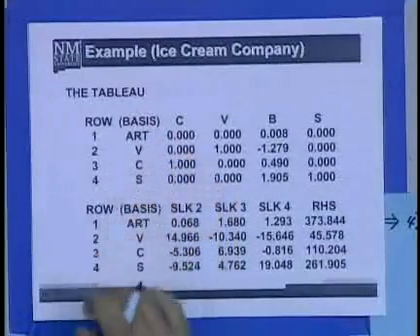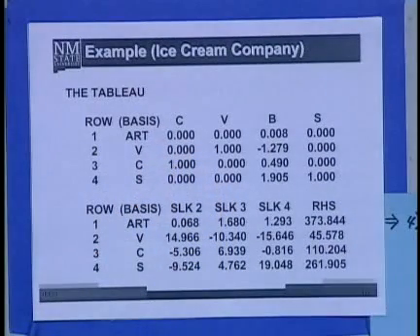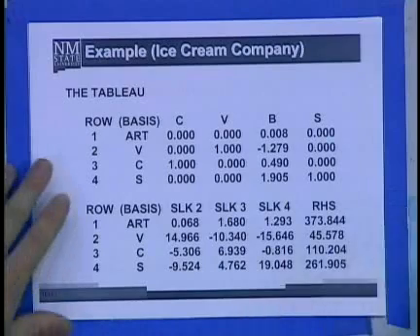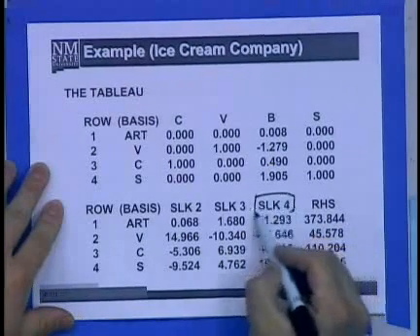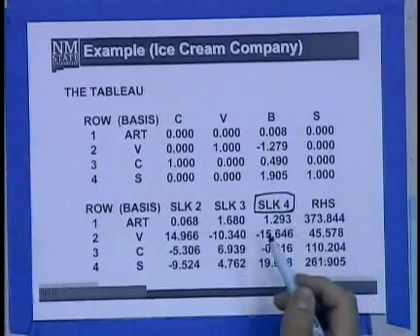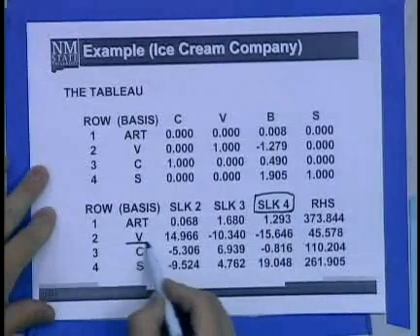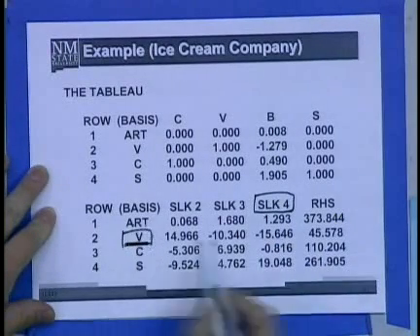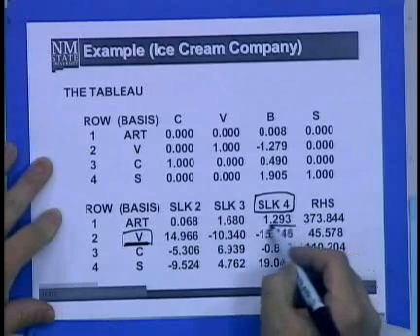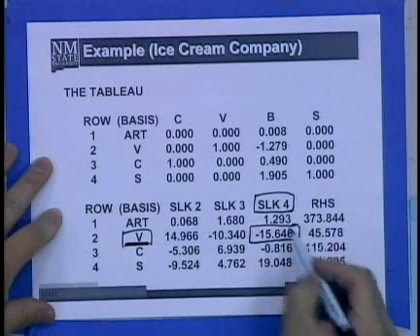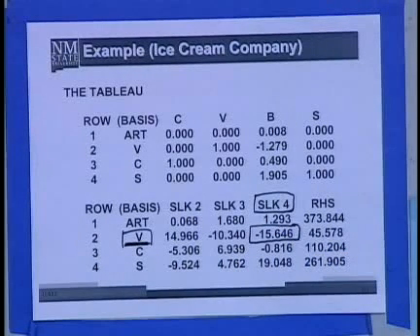And here, the substitution rate of slack variable 4 for vanilla ice cream is negative 15.646, right?